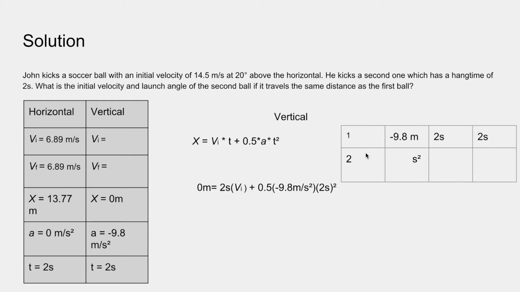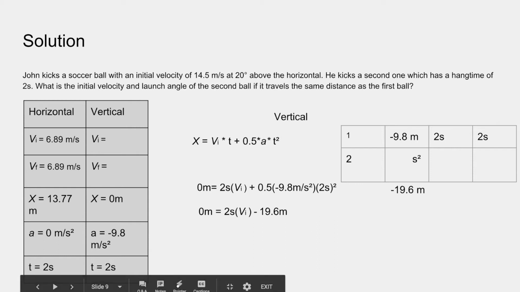We have 0.5 times negative 9.8 meters per second squared times 2 seconds times 2 seconds, which is 2 seconds squared. The seconds cancel, so you're left with negative 19.6 meters. That gives us 0 meters is equal to 2 seconds times the initial velocity minus 19.6 meters.